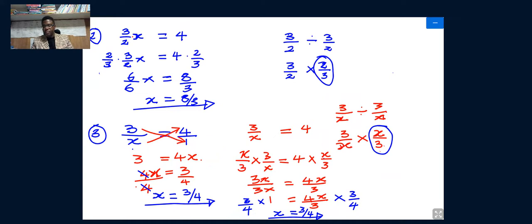Okay. We have a different case now. We have a fraction. This fraction is a coefficient. We must find a way of removing a coefficient that is multiplying a variable.